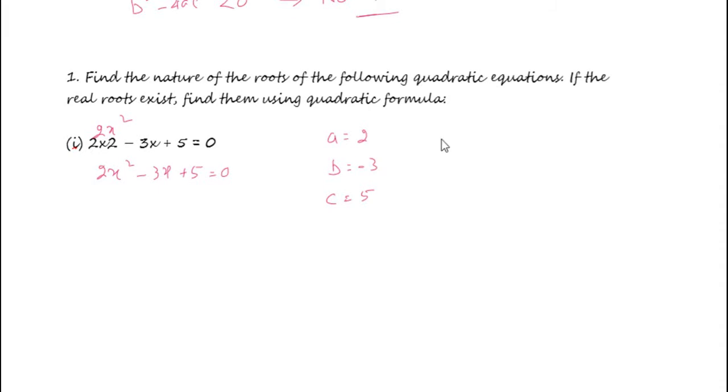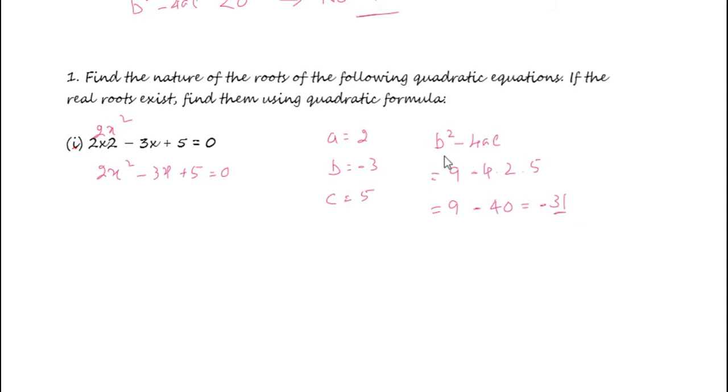Let us find the value of the discriminant, that is b square minus 4ac. b square is 9 minus 4 into a is 2 into c is 5. This is 9 minus 40. So the value is minus 31.